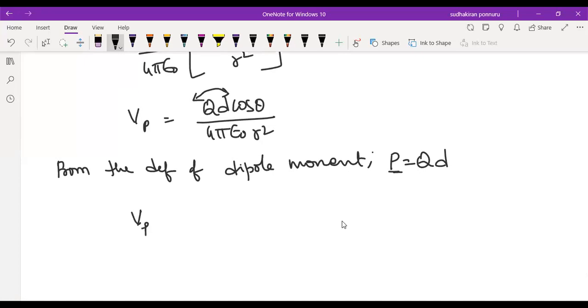So Vp is equal to p cos theta whole divided by 4 pi epsilon naught into r square. This capital P is different; this capital P is the location where we are finding the potential due to the dipole. Small p is the dipole moment.